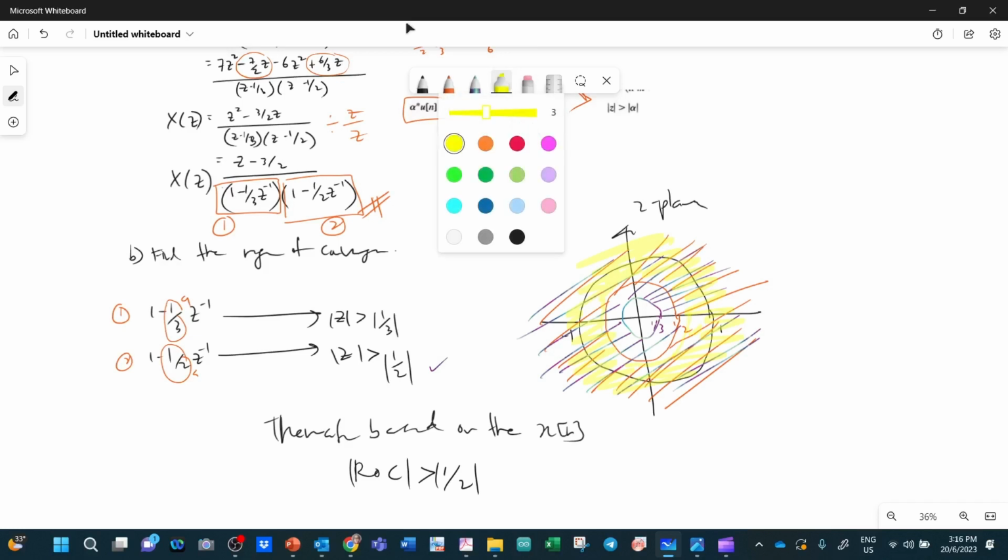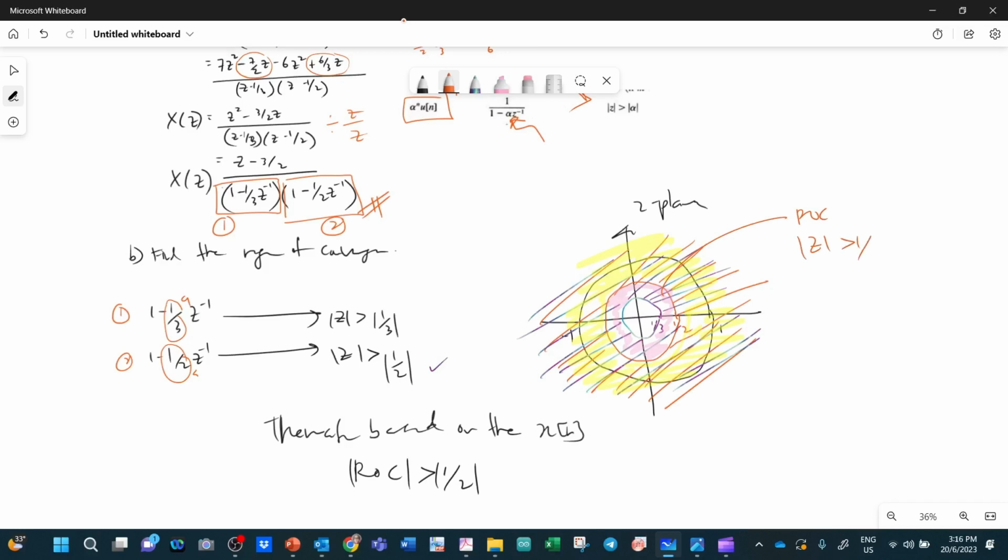However, the center part here, between 1 over 3 and 1 over 2, is only covering the ROC z more than 1 over 3. So it's only covering between this area only.